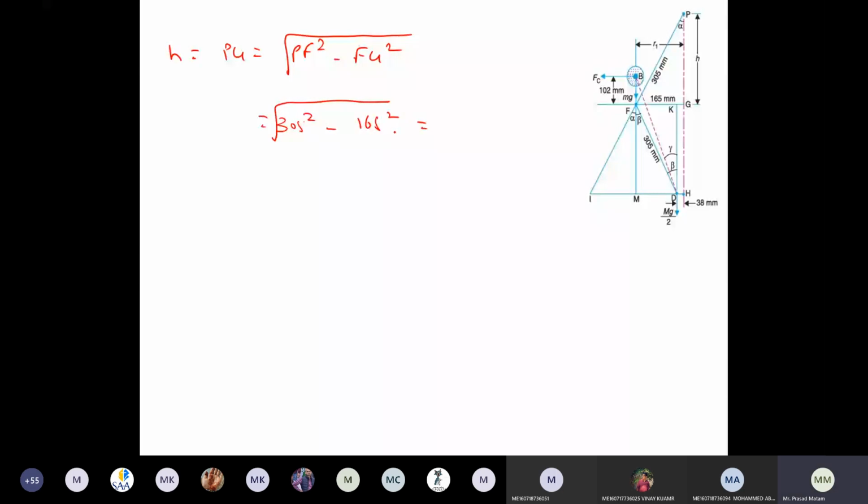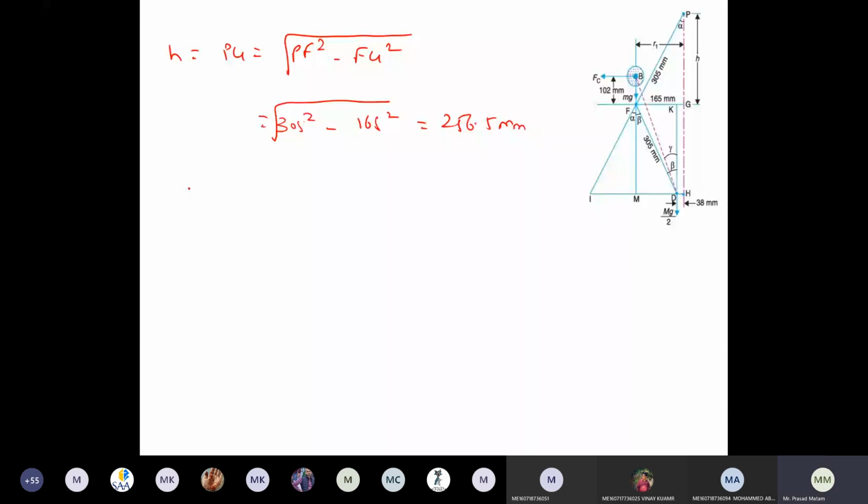What is the height I am getting here? Can anyone answer? What is the height I am getting? 256.5, okay, 256.5 mm is the height of the governor we are getting.